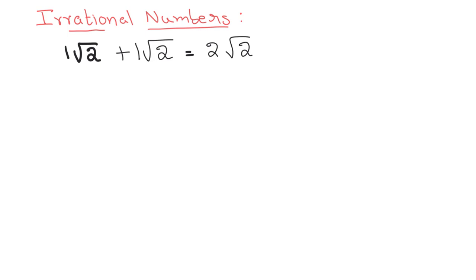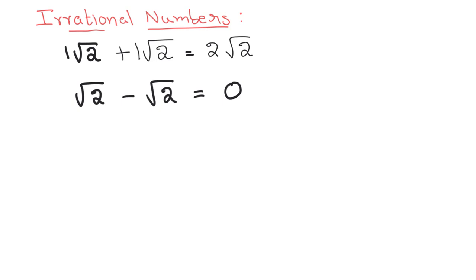Fine. What about the difference? Let's look at root 2 minus root 2. What do you get? We get 0. Is 0 rational or irrational? It's a rational number.